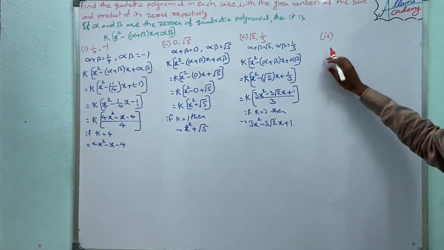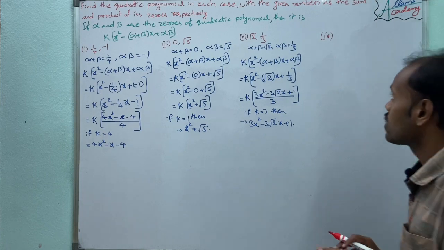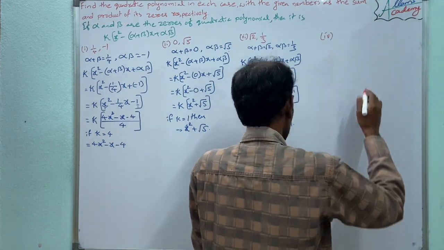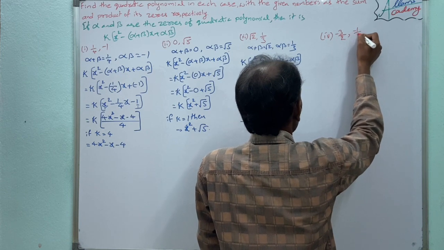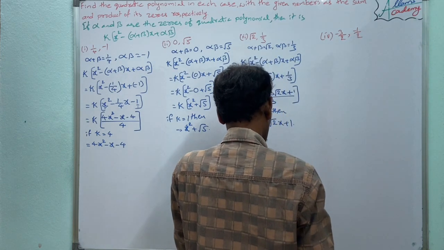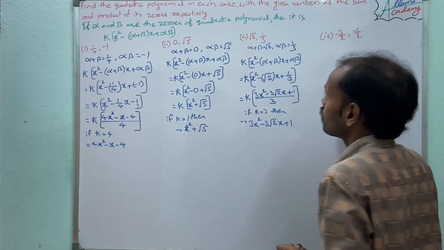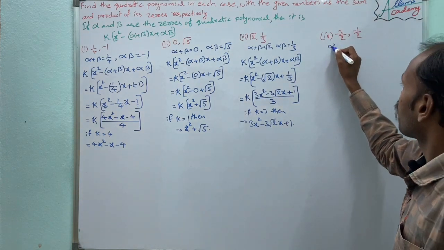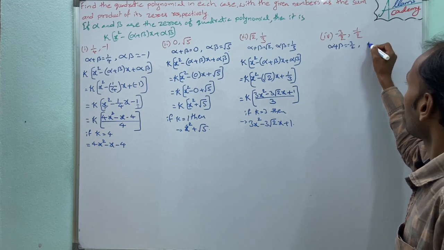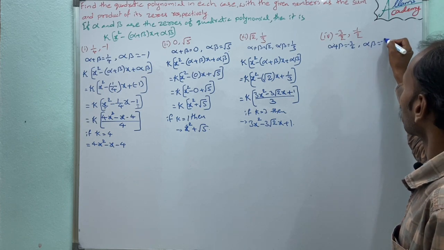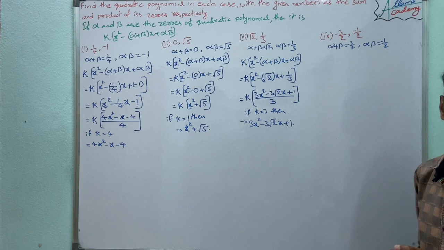And if we observe another problem, the sum of the zeros is minus 3/2 and the product of the zeros is minus 1/2. Now, alpha plus beta equals minus 3/2 and alpha beta equals minus 1/2.